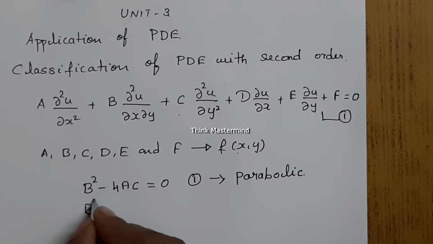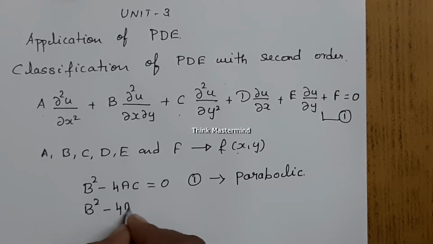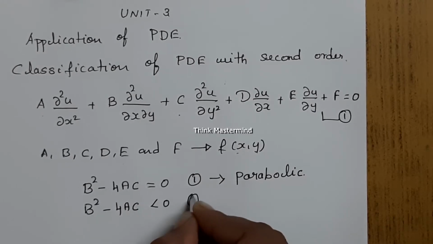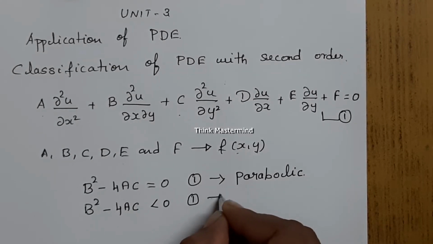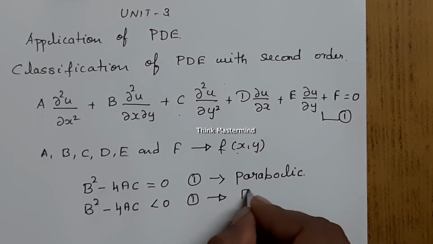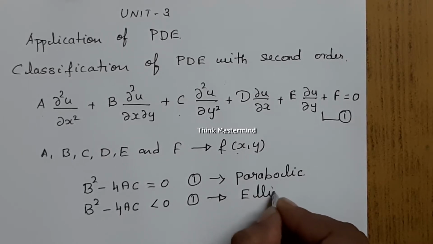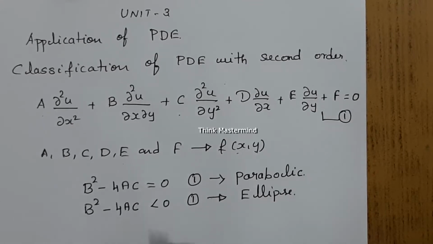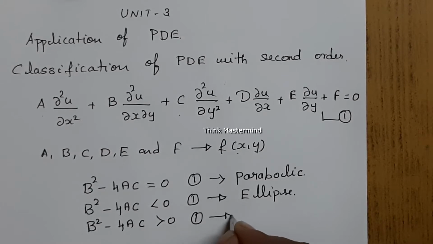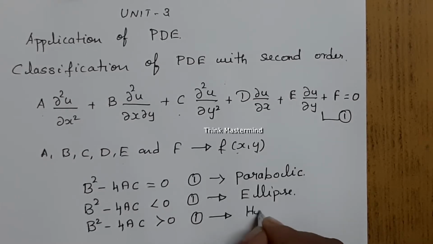Similarly, b² − 4ac less than 0, then partial differential equation 1 represents an ellipse. b² − 4ac greater than 0, then partial differential equation 1 represents a hyperbola.